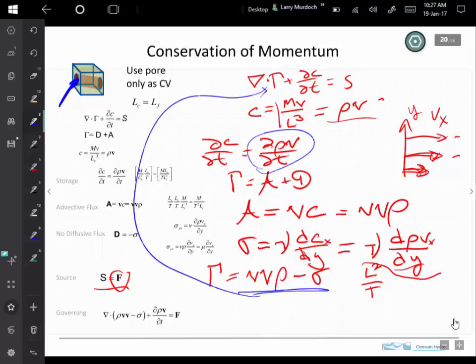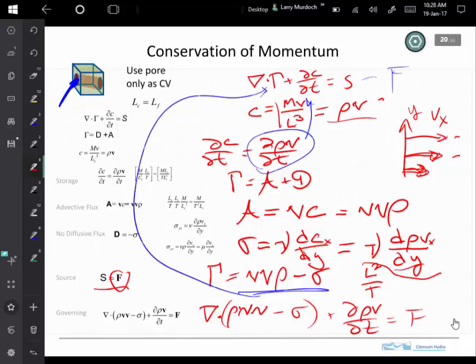That's that term, and then we just said that this is going to be equal to F. So the momentum is, just by substitution. Okay, so there's the conservation of momentum. All right, any questions on that one?